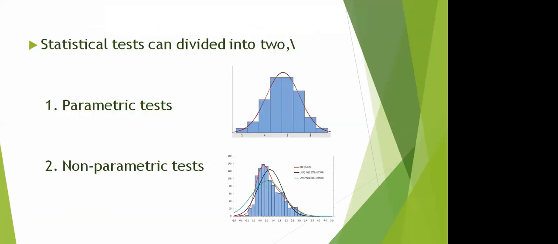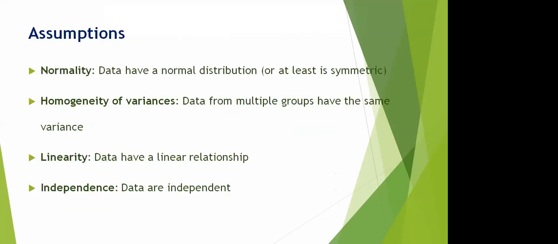Commonly, there are two types of statistical tests: parametric tests and non-parametric tests. We'll see what assumptions we should follow to decide whether we need to go with the parametric or non-parametric tests. How do we find which test is more appropriate? These are the assumptions we should check.